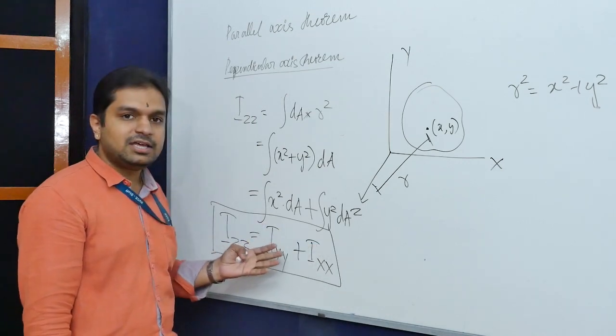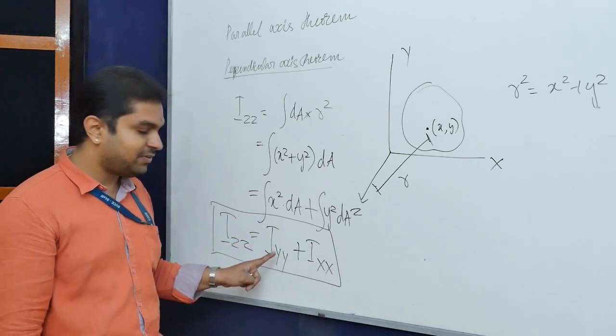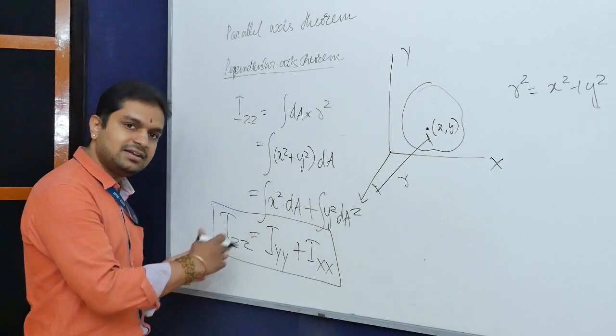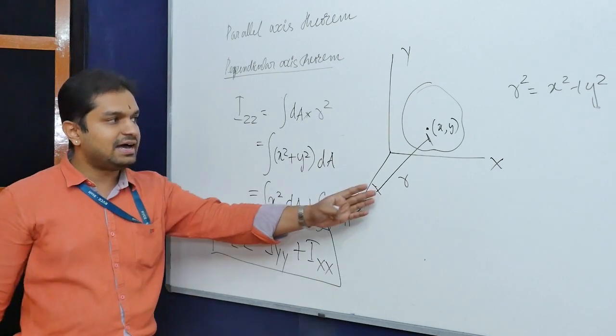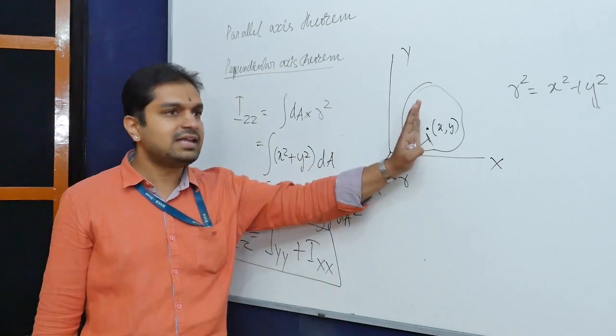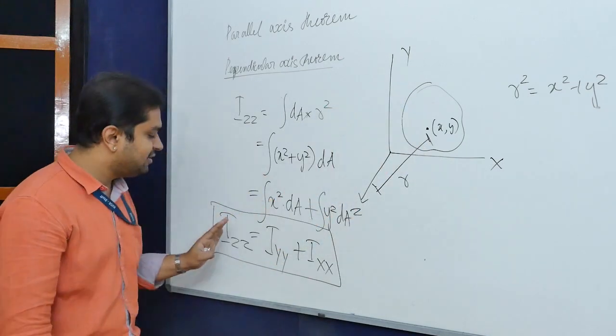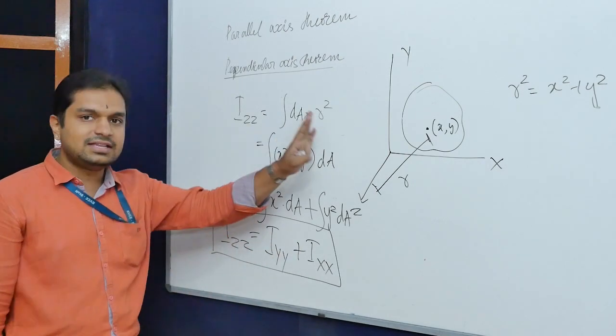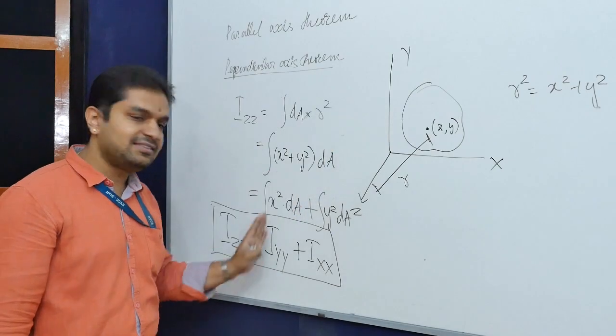This is universally applicable for either of the axes. If you are trying to find Iyy, which is perpendicular to both Ixx and Izz, the terms are interchangeable. Since we now consider a distance perpendicular to the area placed in the xy plane, we can say that Izz is equal to the sum of the moments of inertia in the plane where the area is kept, that is Ixx plus Iyy.